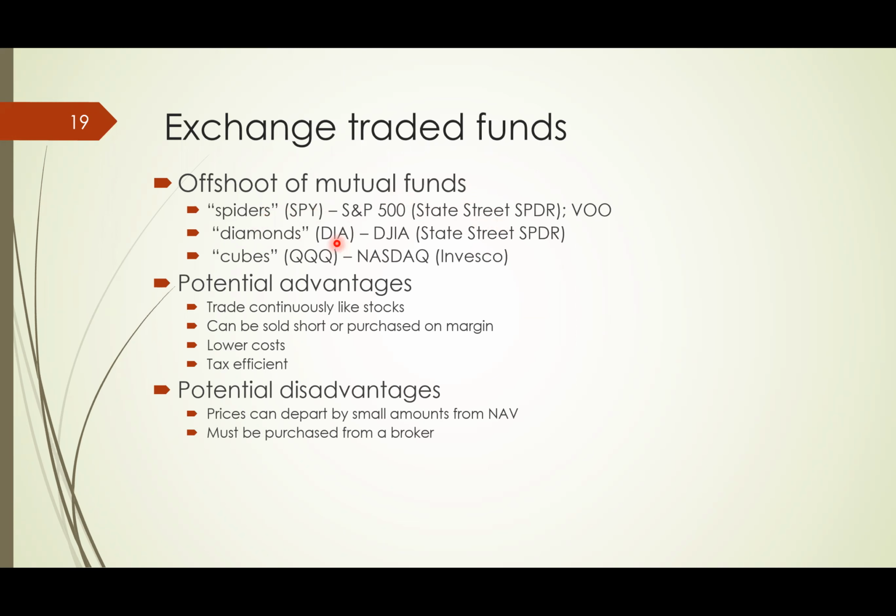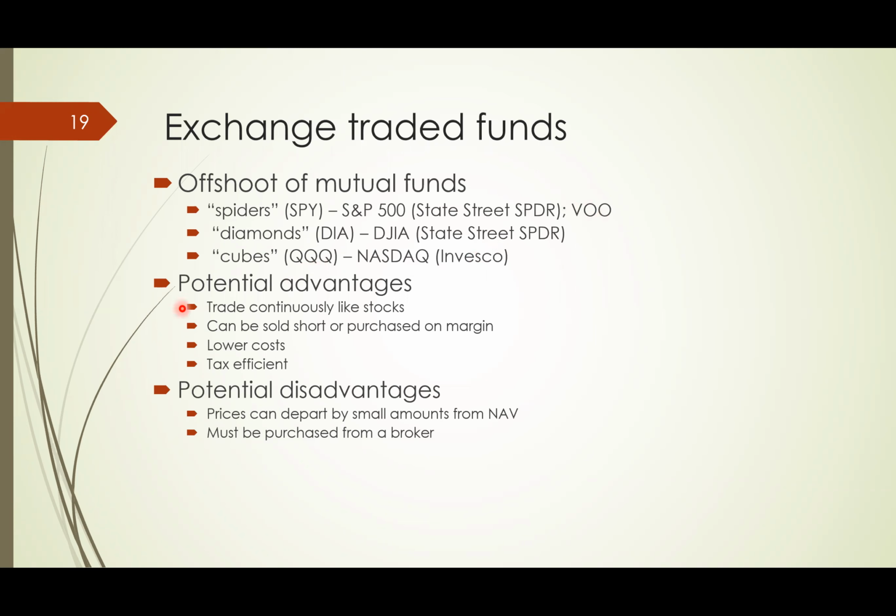Diamonds, ticker symbol DIA, that tracks the Dow Jones Industrial Average, again issued by State Street. Or Cubes, QQQ, that tracks the NASDAQ index and is issued by Invesco. Or VOO, that also tracks the S&P 500, issued by Vanguard.